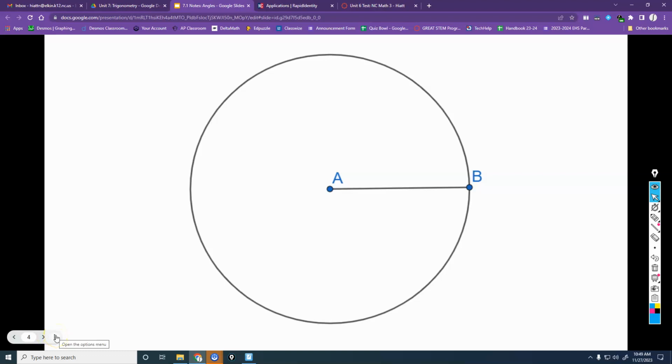So we're going to learn about radian measures, and to do that, I need to give you guys a tiny piece of string, and I need to finish cutting my little tiny pieces of string. So give me just 1 second here. These are not going to be perfect at all.